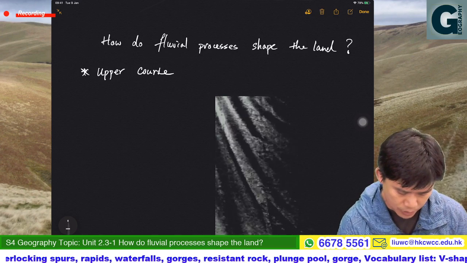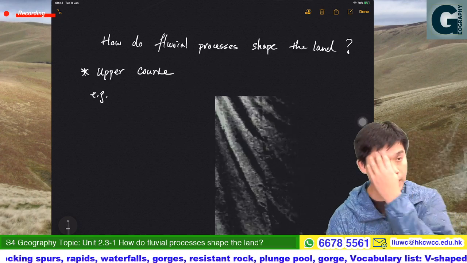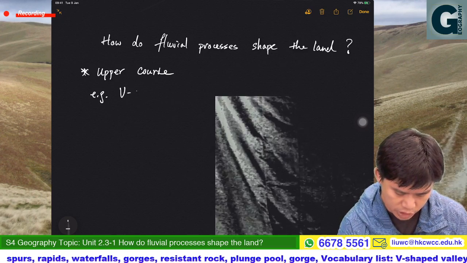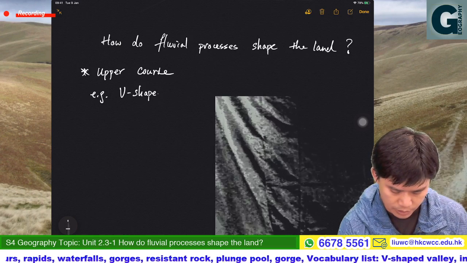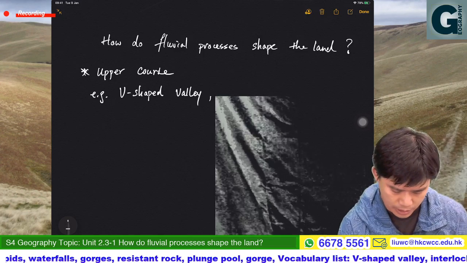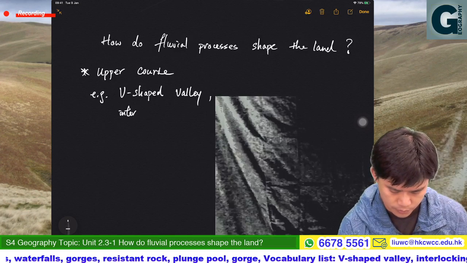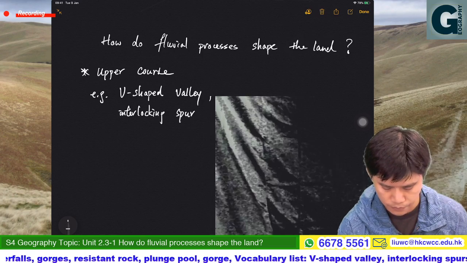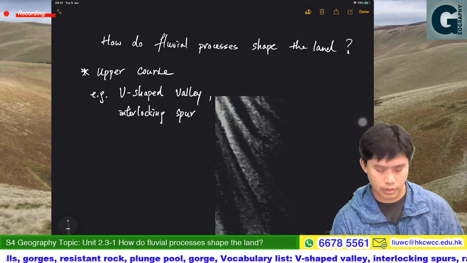The examples of the landscape we have studied: we have the V-shaped valley, and also interlocking spurs.